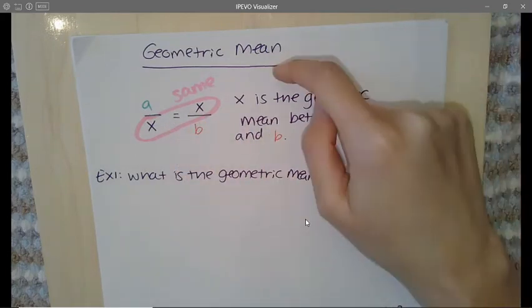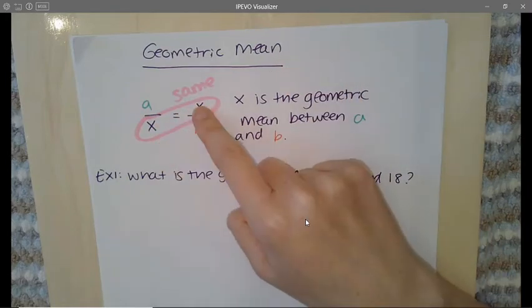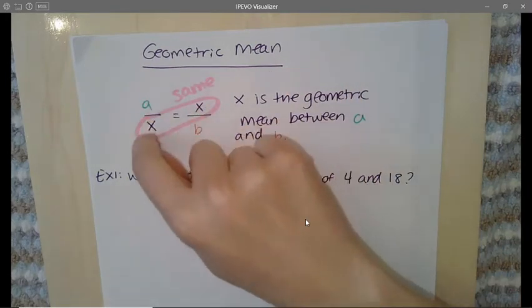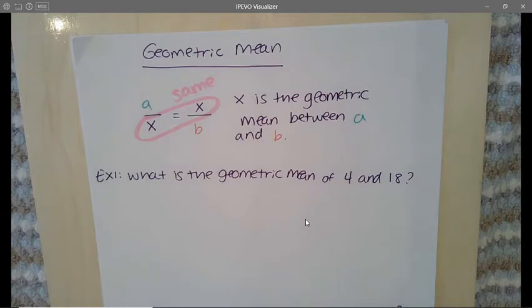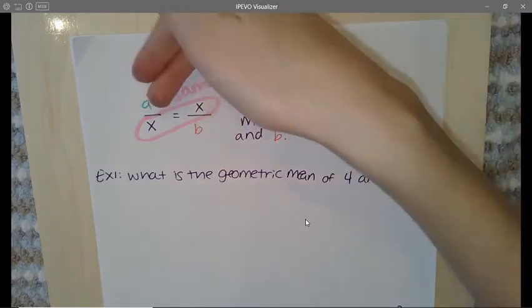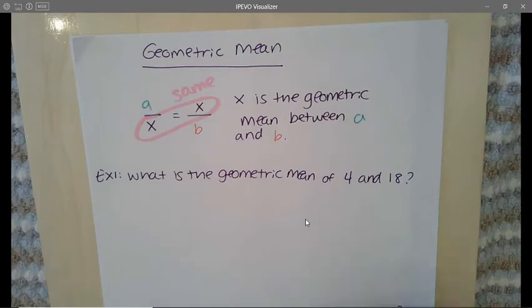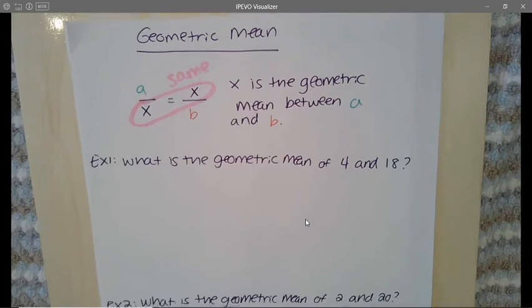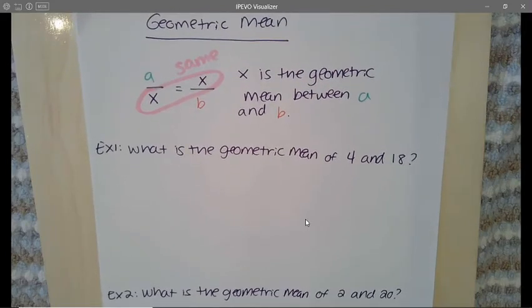And always when we have a geometric mean, two of these parts are going to be the same, and it will always occur along a diagonal. So this represents the geometric mean between A and B, which are going to be the two numbers that we're trying to find the geometric mean between. Okay, so let's get going on example 1.